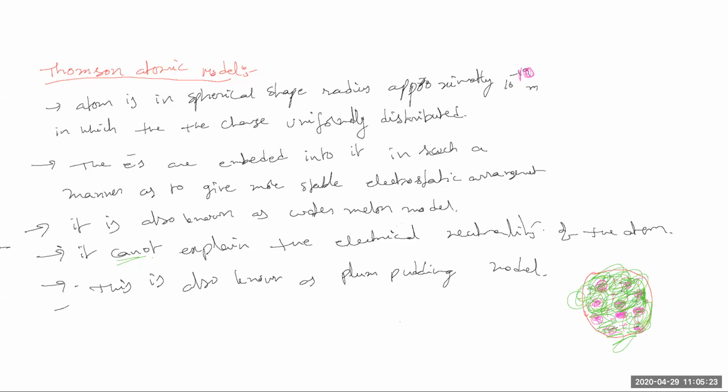Positive, negative, uniformly distributed. The round shape inside is negative, and the remaining is the positive charges. Positive also distributed uniformly. But it fails to explain the electrical neutrality of the atom.